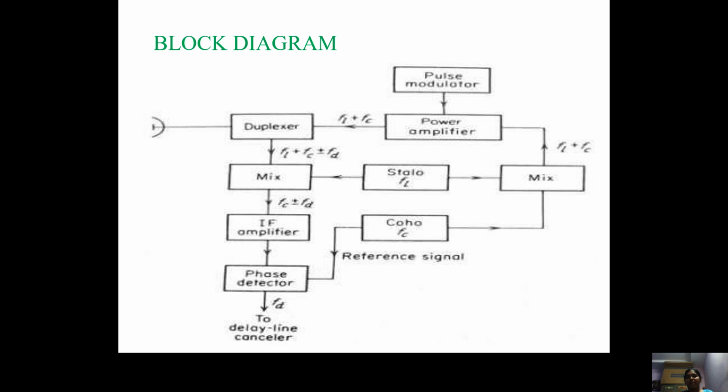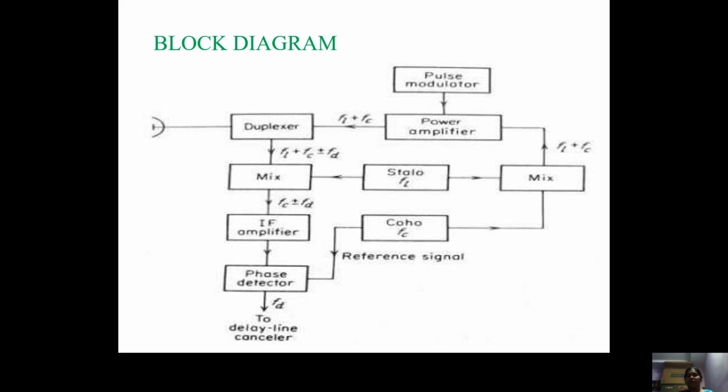Before transmitting these signals, let us first see how they are combined. In the middle, you see the block known as STALO, which is nothing but the stable local oscillator. From this we obtain the signal for transmission. STALO generates a signal having the frequency fL.